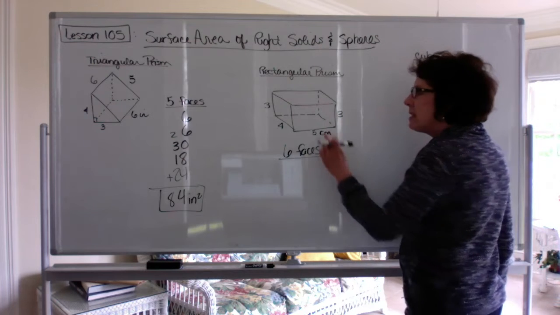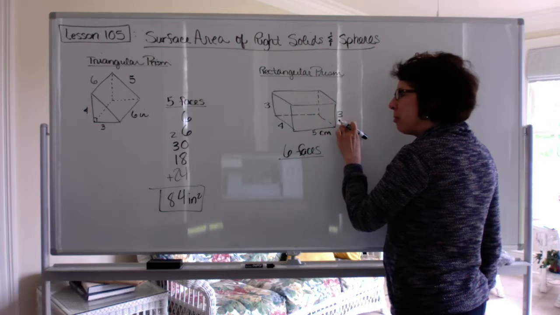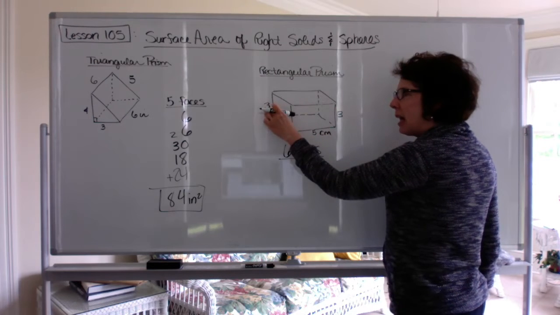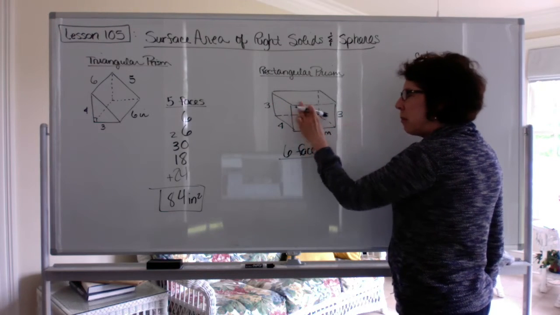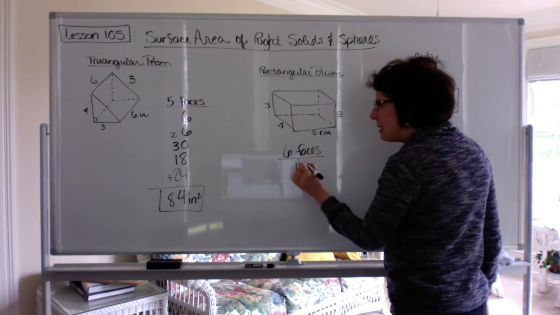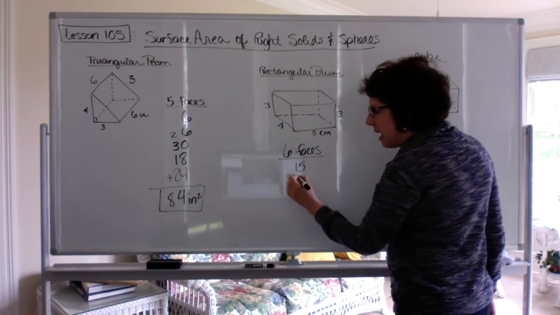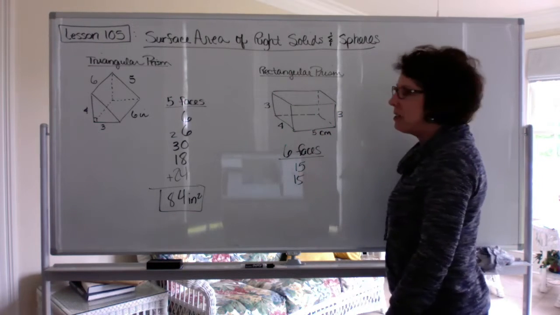Let's take this front rectangle, and it is a 5 by 3. I put the height here and here so we can use it for several rectangle areas. 5 times 3 is 15. The front face has a matching back face with the same area, 15.